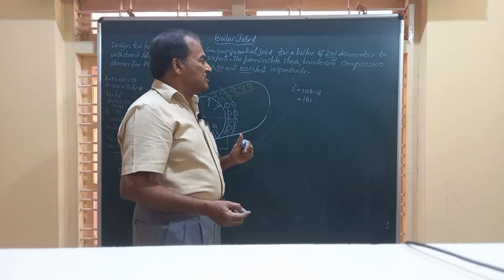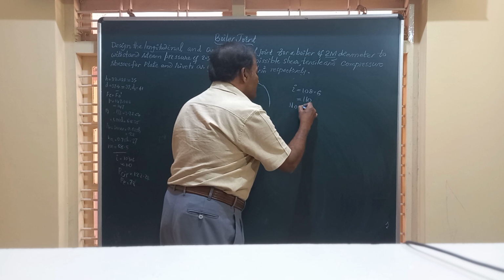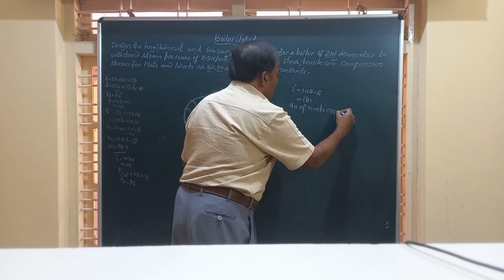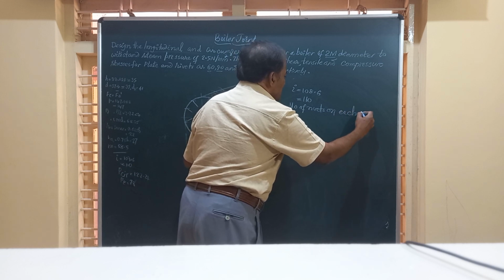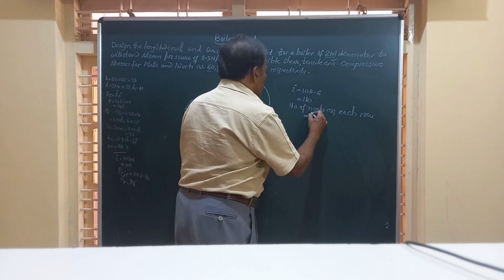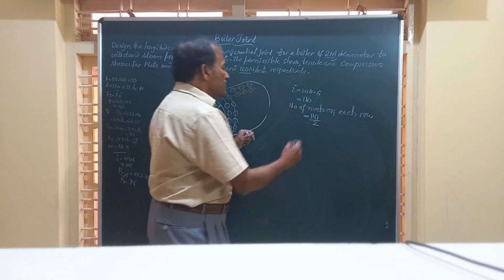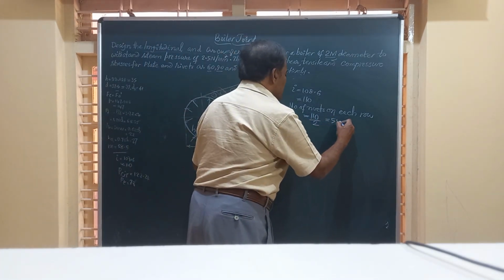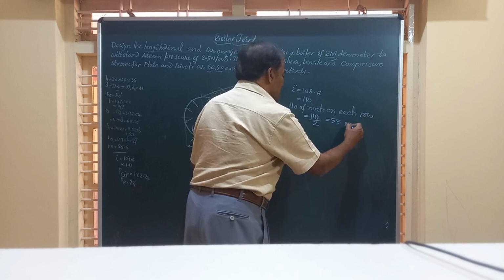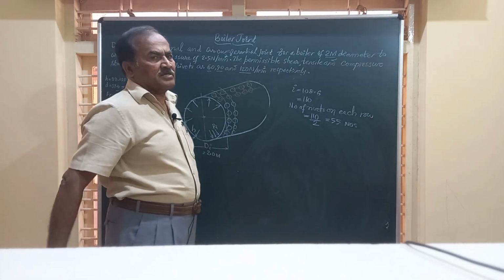So the number of rivets on each row, that is along the circumference, is equal to 110 divided by 2. So it will come to 55 number. There are 55 rivets along this, 55 here.